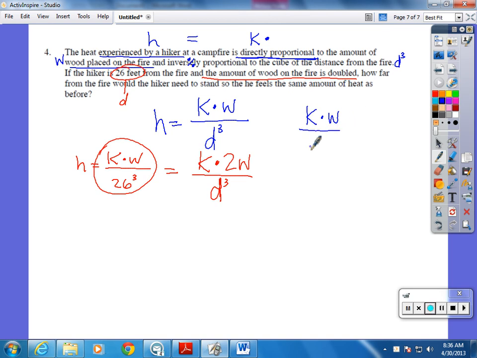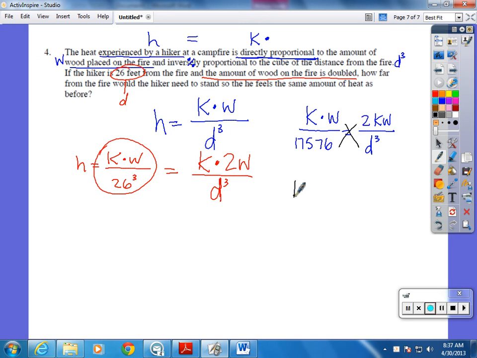What's 26 cubed? 17,576 equals 2kW over d cubed. So this is a proportion, which means to solve it I can do what? Cross multiply.